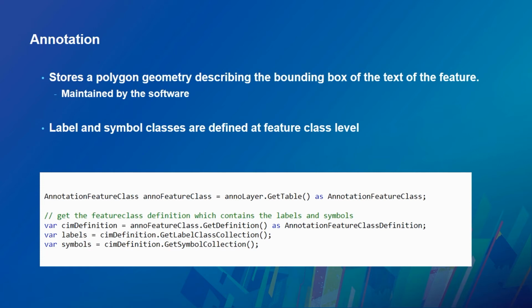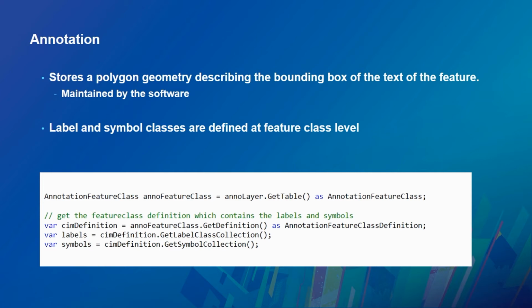Annotation also has a number of label and symbol classes which are defined at the feature class level. So to get to those particular collections, you go from your annotation layer to the table to get the feature class, and then to the feature class definition using the get definition method. From there, you can get a read-only collection of the label classes and the symbol classes.